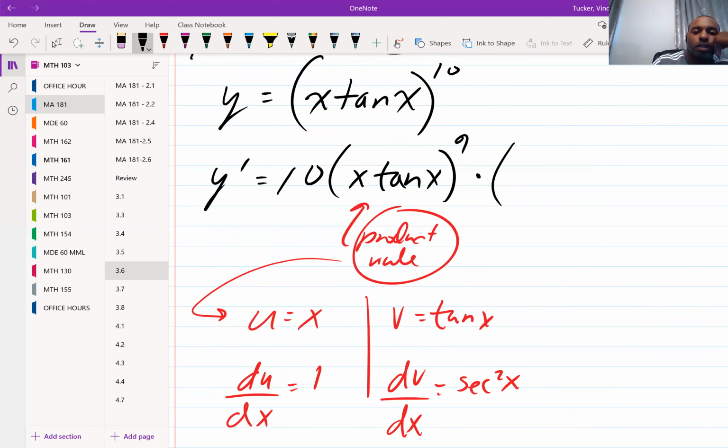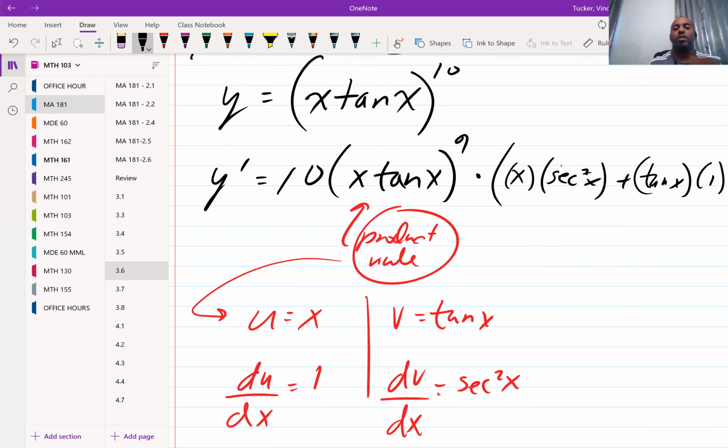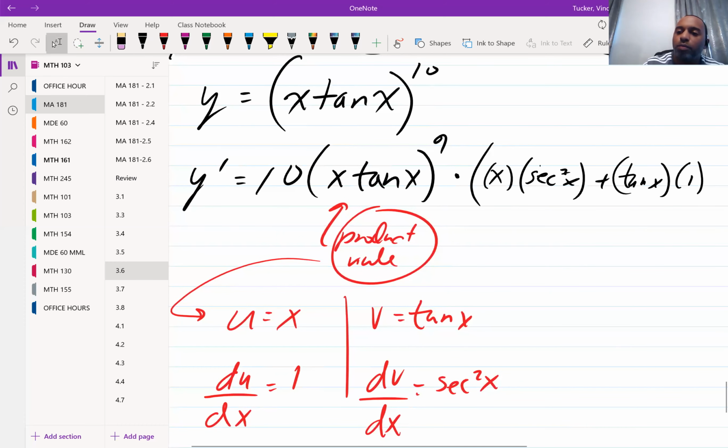So don't forget the product rule is U V prime. I could have just called that V prime instead of dV dx. U, which is x, times V prime, which is secant squared x, plus V times U prime.